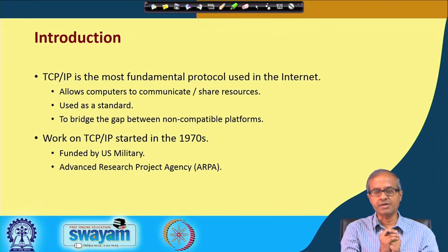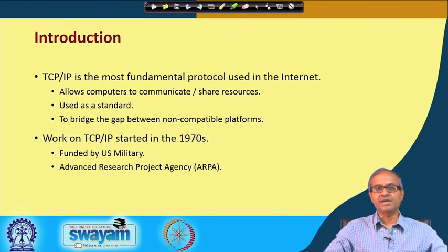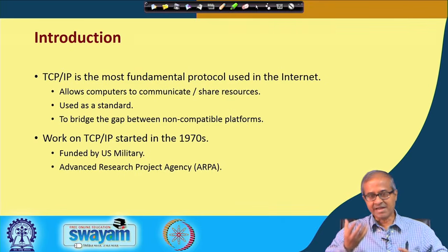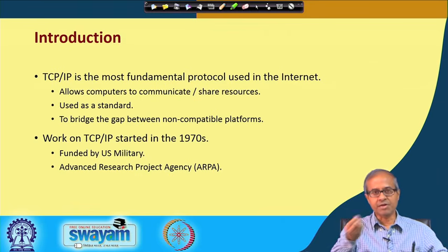Computers are connected to it, but somehow they are all able to communicate with each other. So, there must be some common language all these computers are speaking, and it is this TCP IP that is the common language. So, if a node you connect to the computer understands this TCP IP protocol, then it can communicate over the internet with any other computer in the world, right.